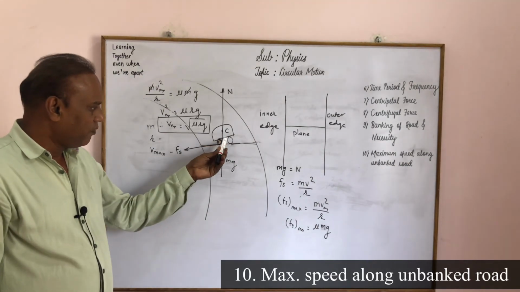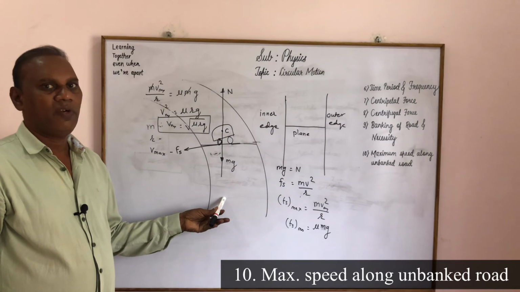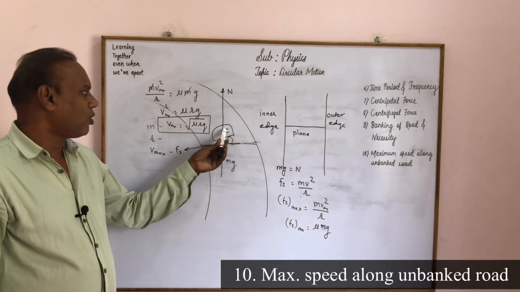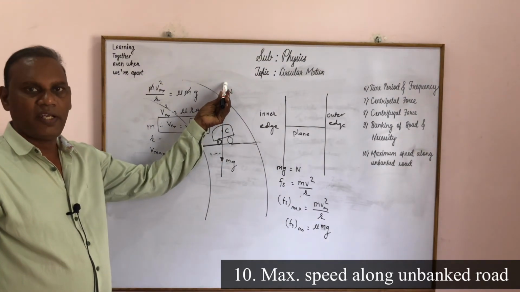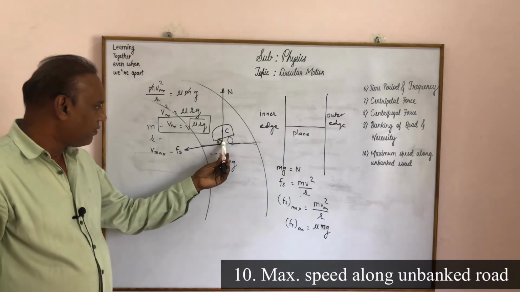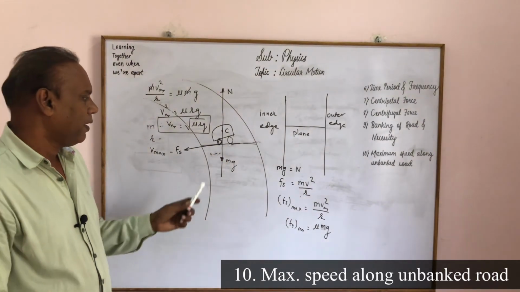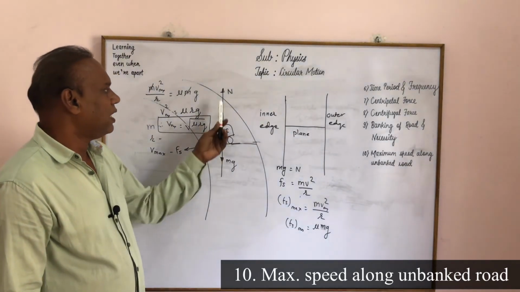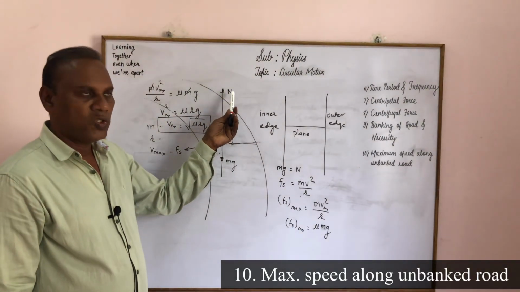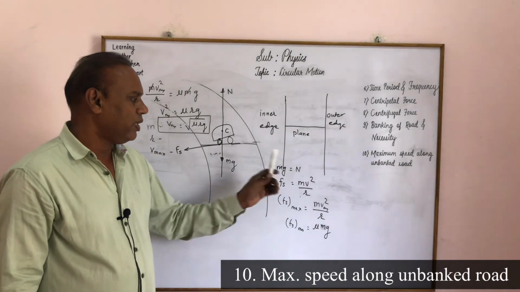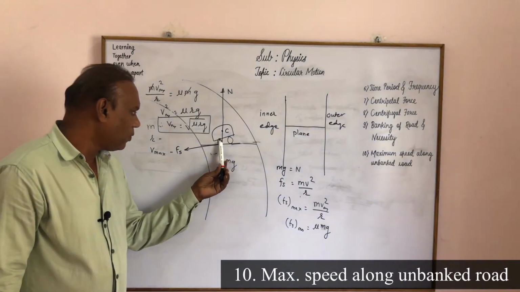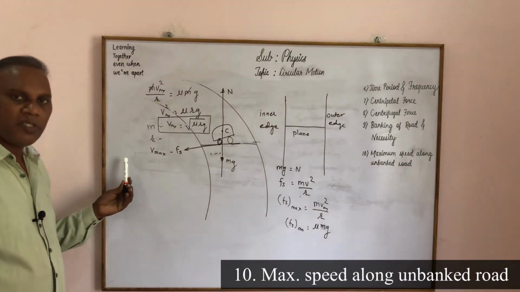First one is the weight of the vehicle acting vertically downward and the normal reaction in upward direction, and the third is the frictional force along the surface of the road. This weight of the vehicle balances the normal reaction, so we can write mg equals N, and this frictional force is toward the center of the circle.